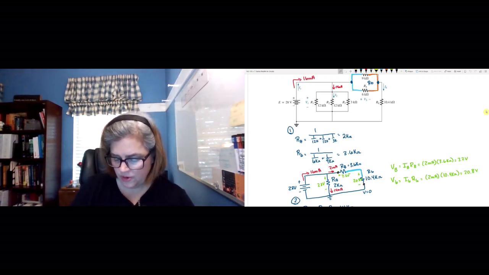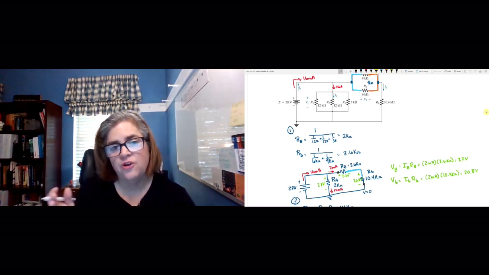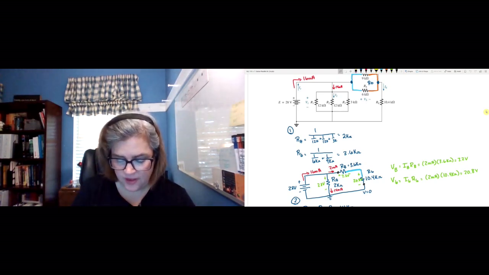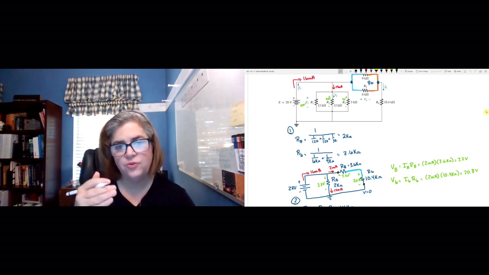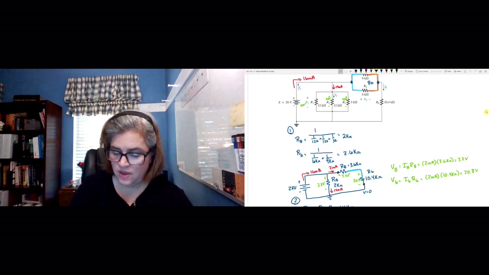But the voltage drop across RA was 28 volts. Since all of these resistors are in parallel, we're going to see that same 28 volts across each one. Okay, so you're going to have 28 volts across R1, R2, and R3.